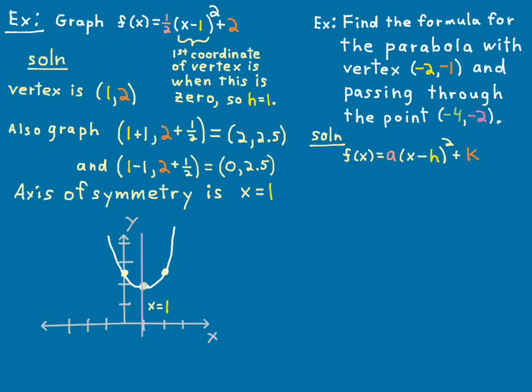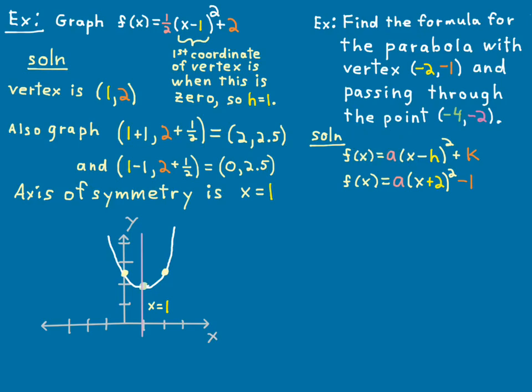And I know that the k is -1, so I'm going to put -1 there where the k is. So I'm putting in the stuff I know from the vertex. I'm not using that (-4, -2) yet. Now notice that I have 3 unknowns. There's the y, there's the a, and there's the x.